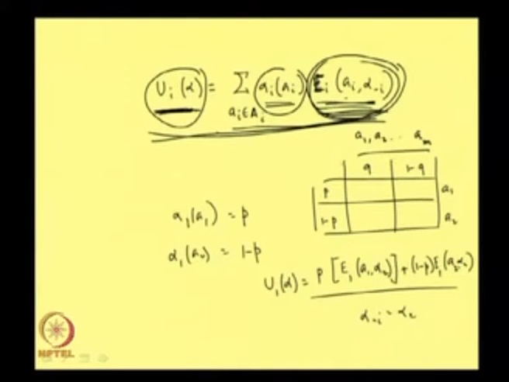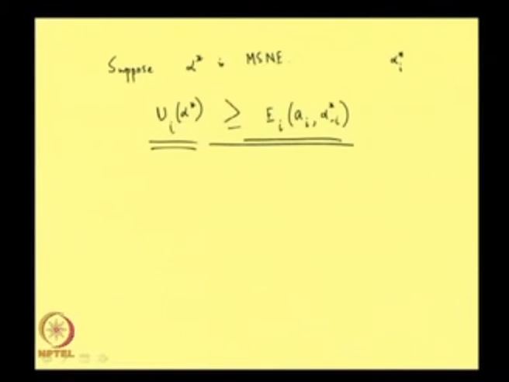This is the first thing, and the reason why they are equal and equal to the Nash equilibrium payoff is that we know that they cannot be more. This I know. Can they be less?